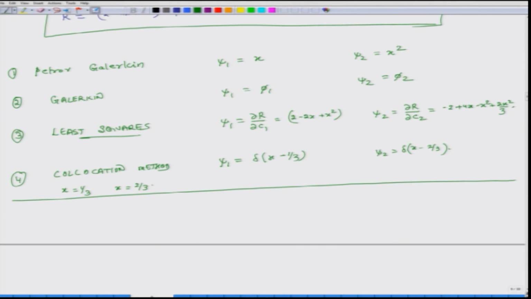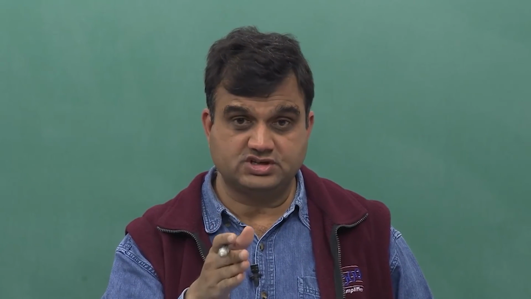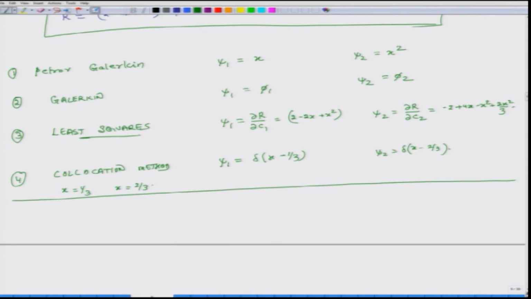Now, for each of these weighted residual methods, I have to write 2 linearly independent equations, because my goal is to find C1 and C2. What are these 2 linearly independent equations?